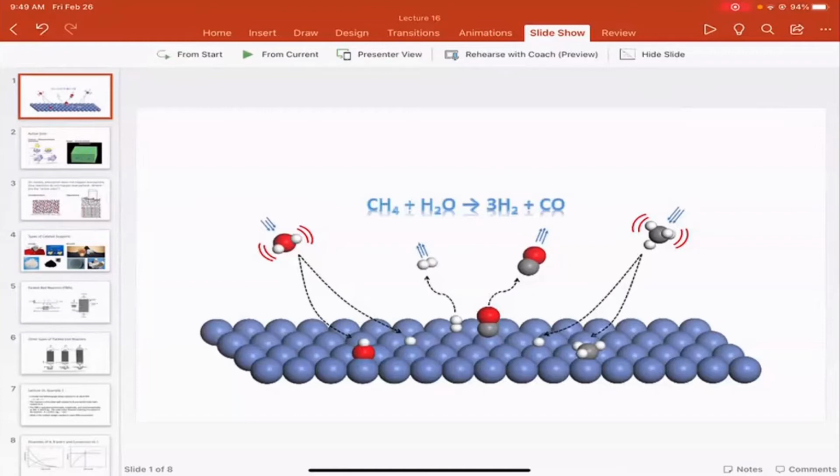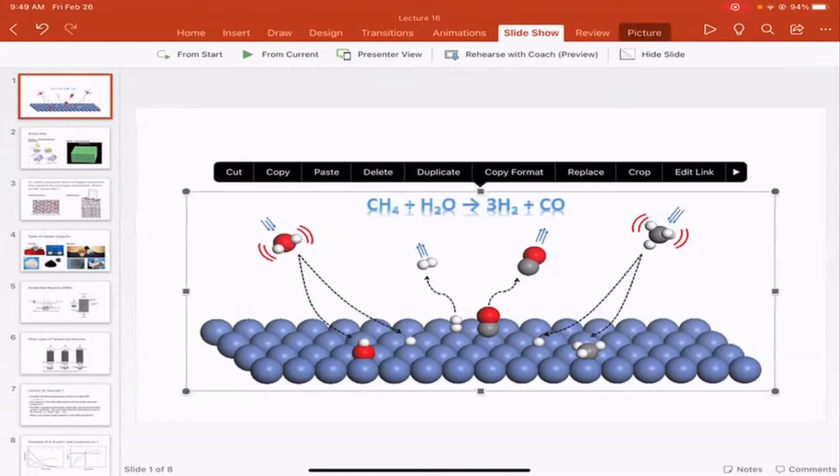And that begs the question, if we're talking about catalysts, where do the reactions happen? The reactions generally happen at very, very specific sites that have a specific structure or a specific electronic structure.